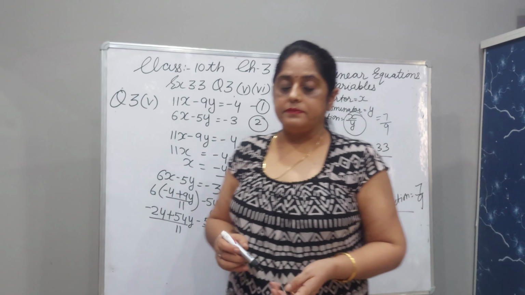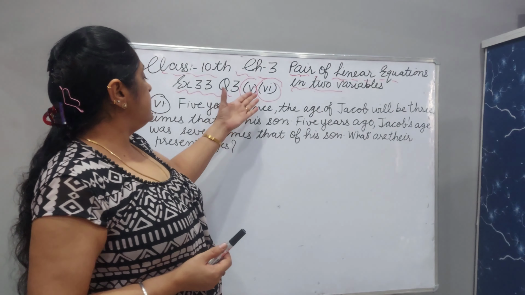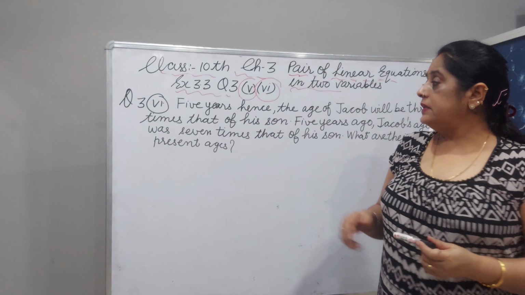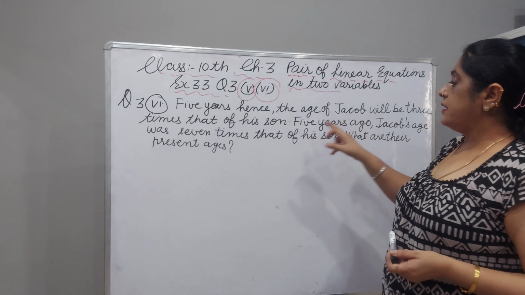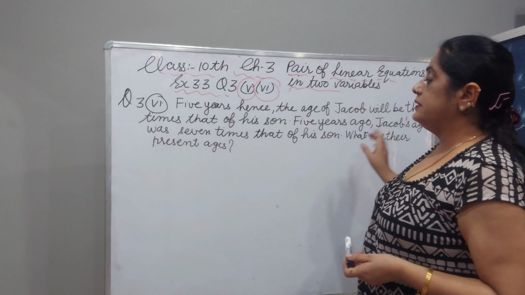Now next. Sixth part. 5 years hence the age of Jacob will be 3 times that of his son. 5 years ago Jacob's age was 7 times that of his son. What are the present ages?